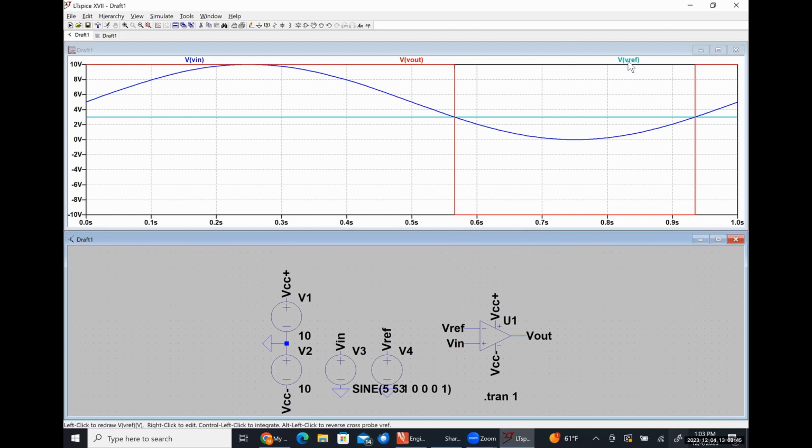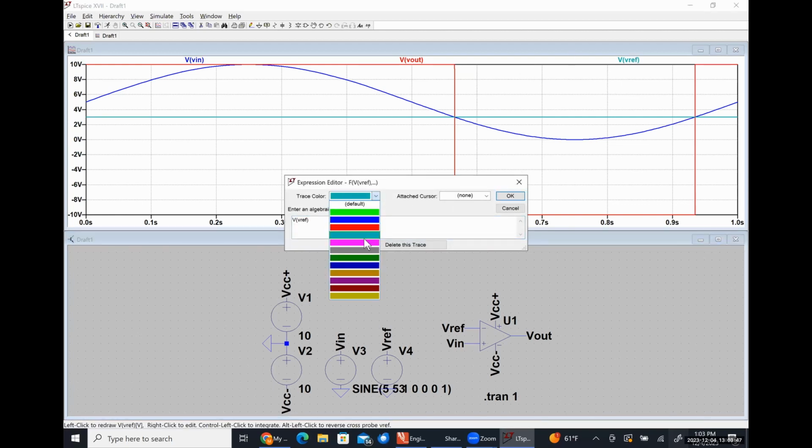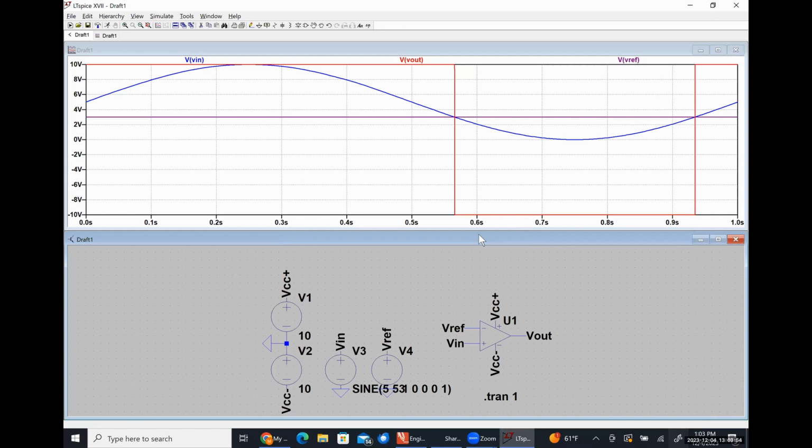That's too close to that blue. All right. So the blue line is my input, the purple line is my reference, and the red line is my output. So effectively, whenever my input voltage is above the purple line, my output is high. Whenever my input voltage is below the purple line, my output is low, which is exactly what we should expect.